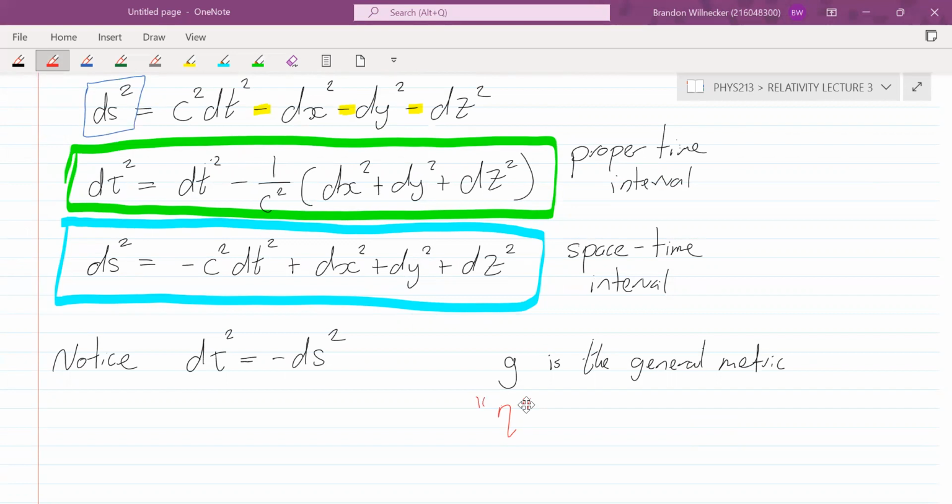So with that out of the way, let's take a look at this space-time interval and what it does to space-time. We'll see that depending on the sign of the space-time interval, whether it's plus or minus, it splits up space-time into several parts.